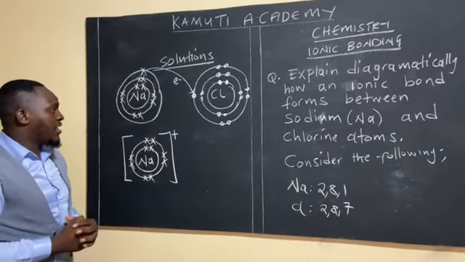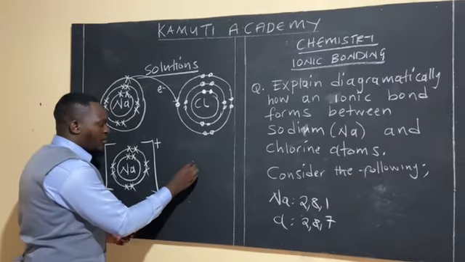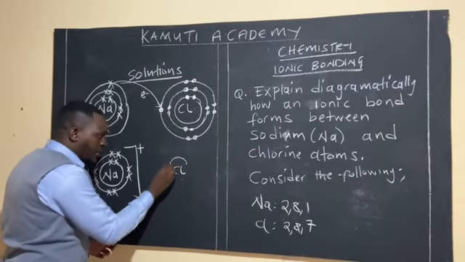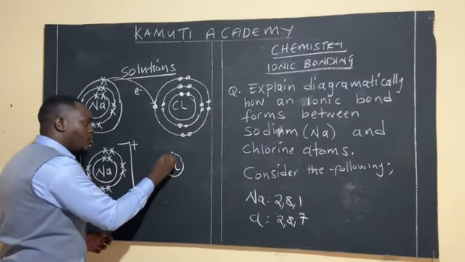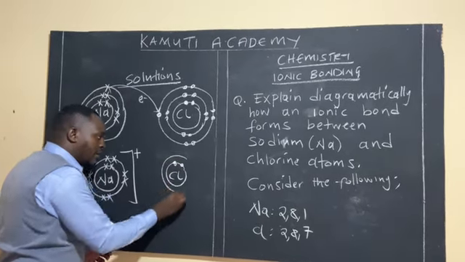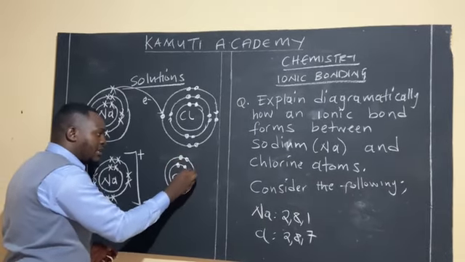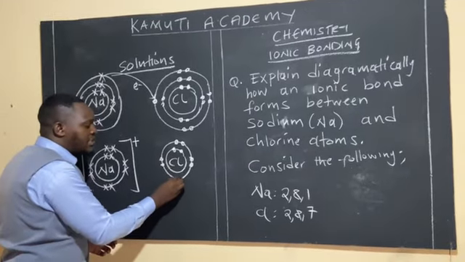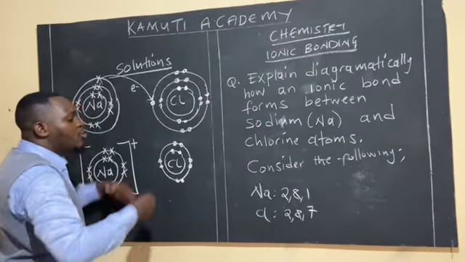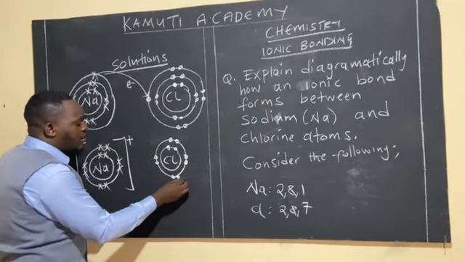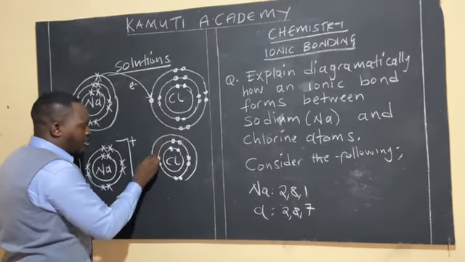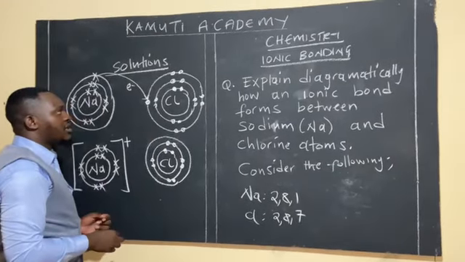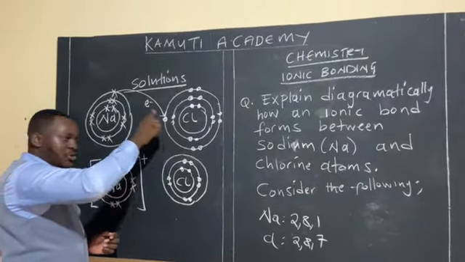What of chlorine? We have our chlorine there, Cl. In the first shell, we're going to have 2 electrons. In the second shell, we maintain the 8 electrons that are there, because bonding occurs between the outermost electrons. Then in the last shell, since it has gained an electron, it will have 8.